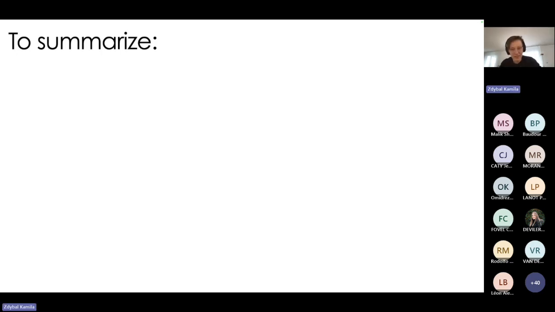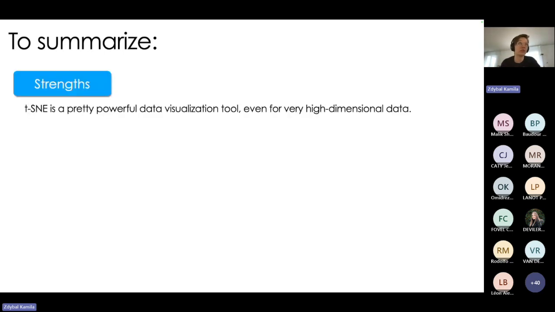So this is everything that I had for you today. I will give you some summary about t-SNE, some high level points to remember. The strength of t-SNE is that it's pretty powerful for data visualization. You could see that when I compared it to PCA, it often did a much better job at separating different classes in the data set.